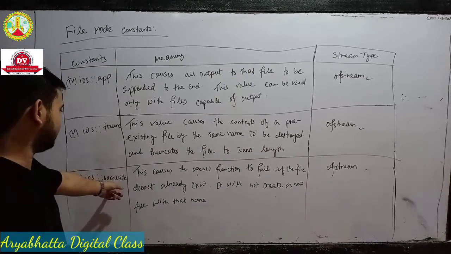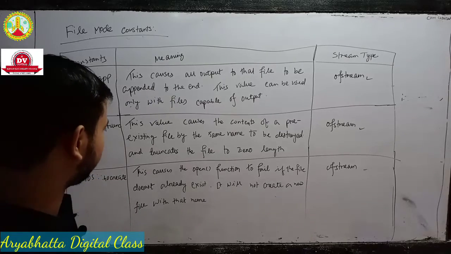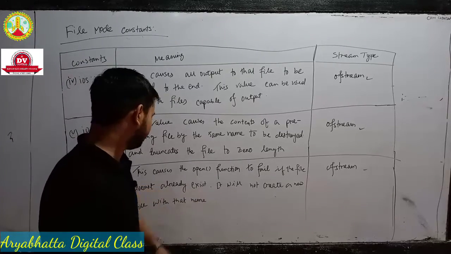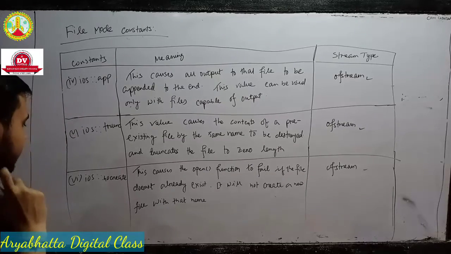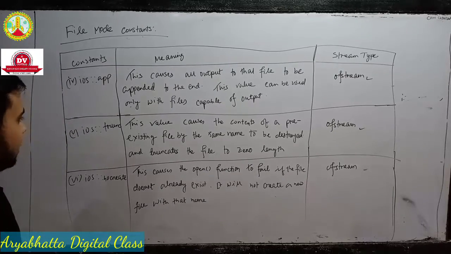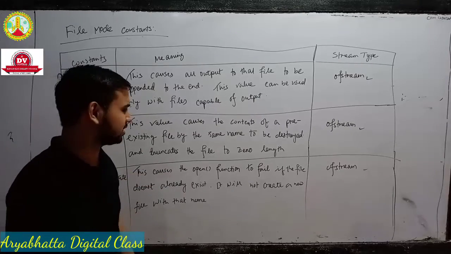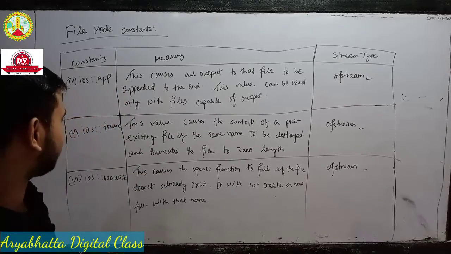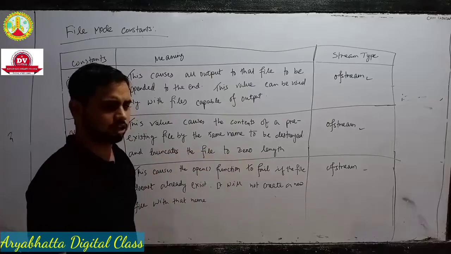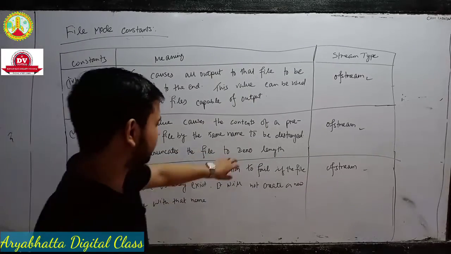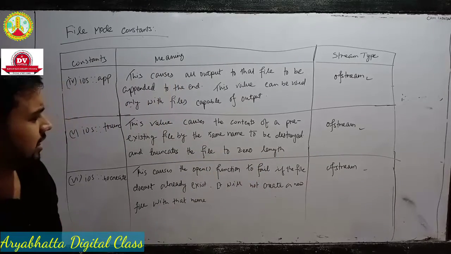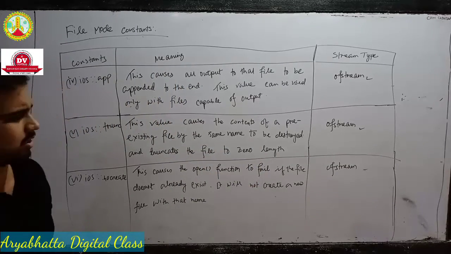And nocreate means to fail if the file does not already exist. Means if the file does not exist, then it will not create a new file with that name. This is all very easy. And truncated means if some pre-existing file is here, then it will be destroyed and the file truncated to 0 length. Zero length means you don't input any information in that file.